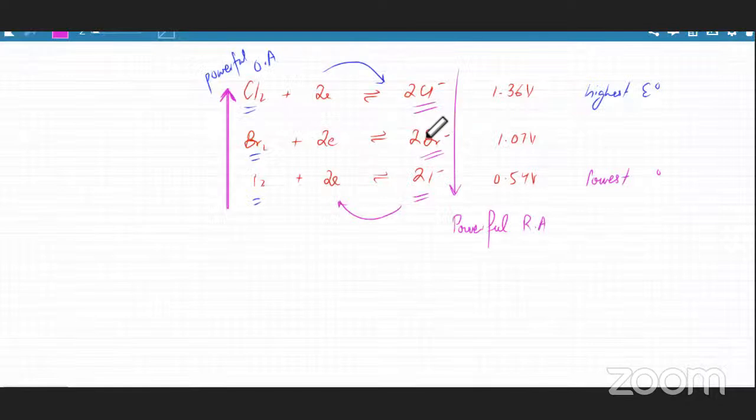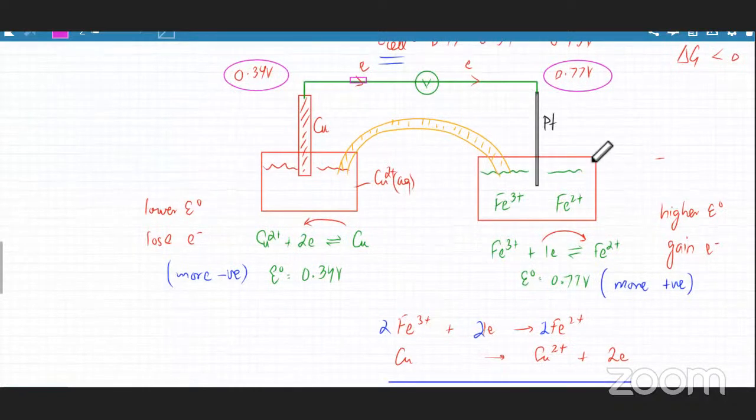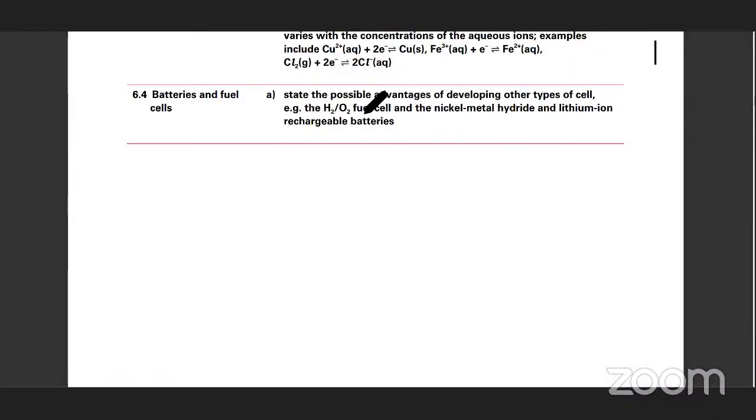I mean this is a cell, right? You could pick any two substances and it could act as a cell. One side would gain electrons, the other side would lose electrons. So you don't have to be very specific about, I mean, you don't have to remember the H2O2 fuel cell by heart. Is that clear? Yeah, nickel metal hydride cell, yeah, lithium ion rechargeable batteries. You don't have to remember.